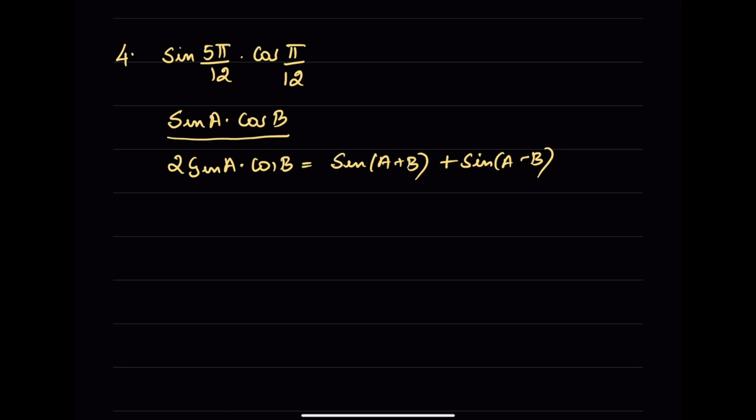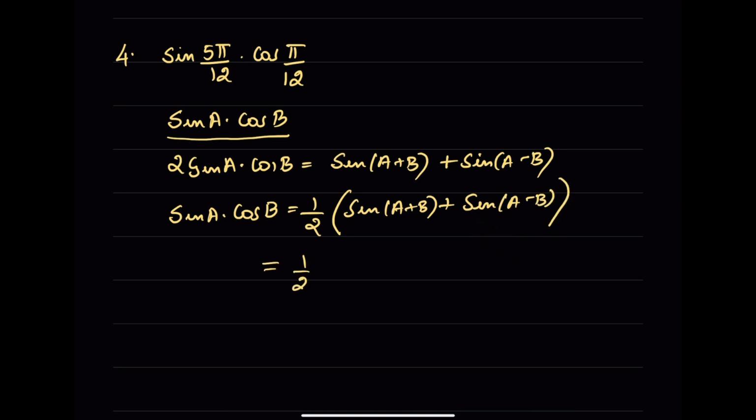So what we can do is divide both sides of this equation so that we get the format of sin A cos B, which is half of sin of A plus B plus sin of A minus B.